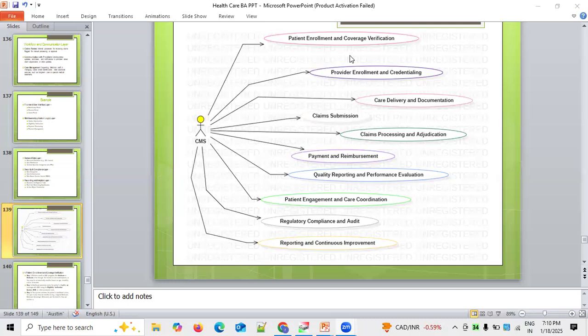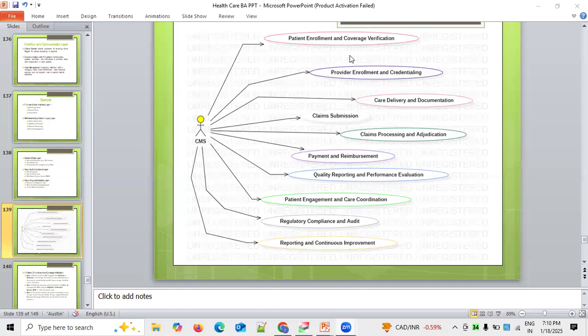So claim submission is also one of the key elements, because the CMS people who receive the claims, followed by claim submission, do the claim processing and adjudication, because if there are any questions, they want answers for that. For example, there is some amount of cost mentioned for a particular treatment. So why was this mentioned?